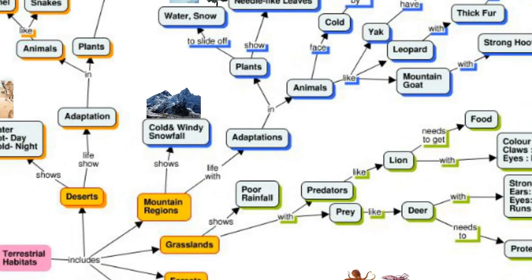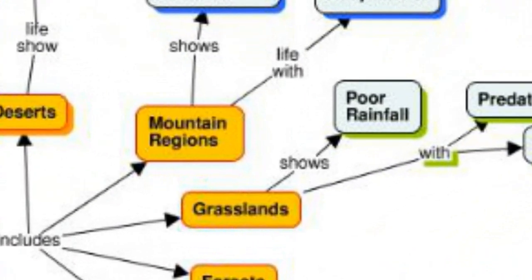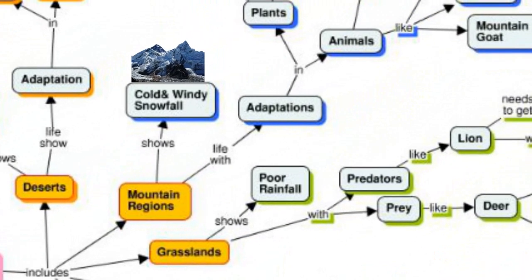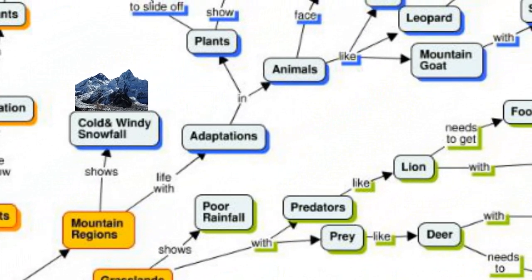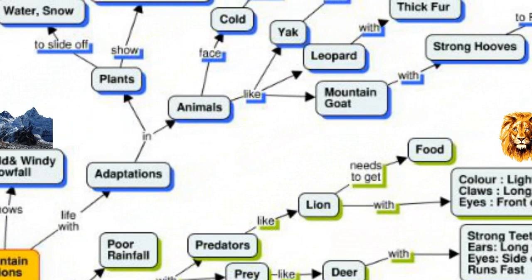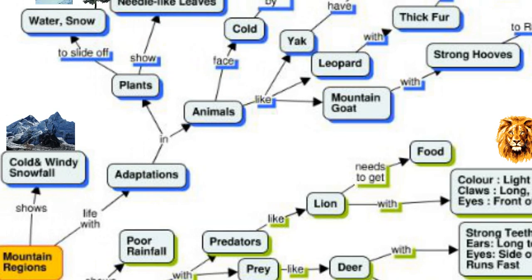Now we'll discuss the grasslands. Grasslands have very little rainfall, and grasslands have predators and prey. First we'll talk about the predators. Predators are like lions. Lions need to get food.